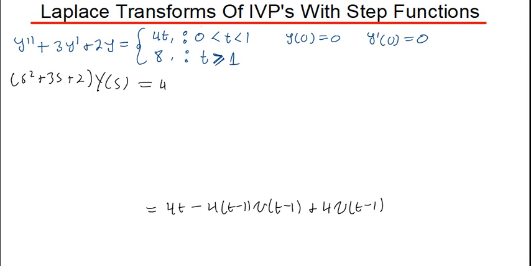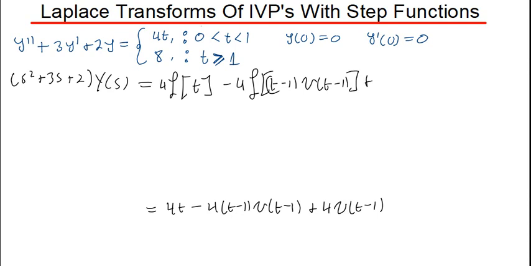I'll say 4 multiplied by the Laplace transform of t, then minus 4 by the Laplace transform of t minus 1 multiplied by u of t minus 1, then plus 4 multiplied by the Laplace transform of u of t minus 1, like that.